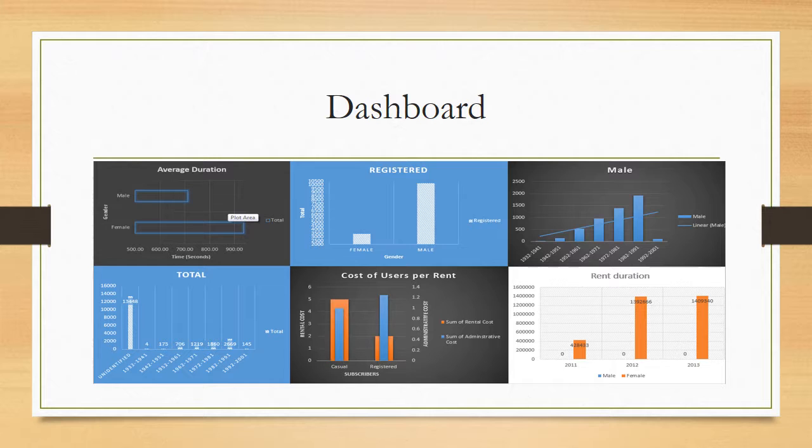But there were some of them that I understood, like the forecast, which is the one in the first row to the right, and obviously the simple ones like average duration for each gender, how long they rented the bikes and so on.